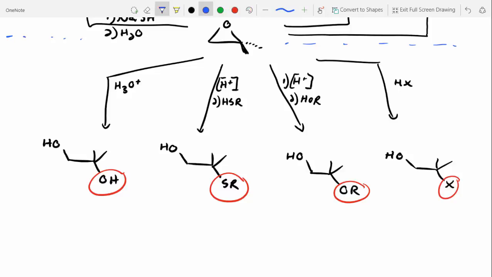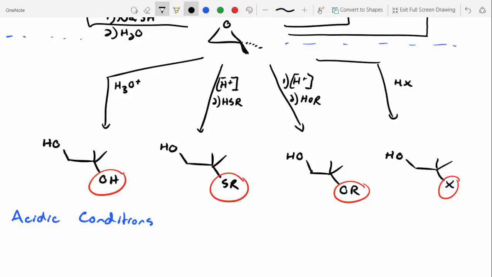And all of these are under acidic conditions. All right, so what we're going to do now is I'm going to pull some practice problems, and I want you guys to try to anticipate what the regiochemical outcome will be and try to predict what the product will be. So include all the stereocenters if they're relevant.